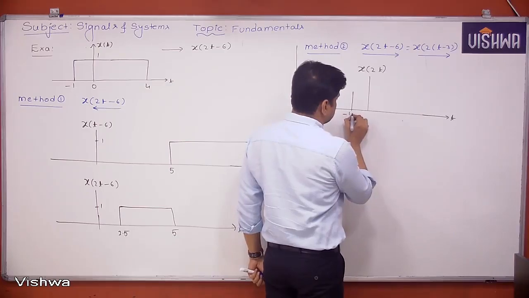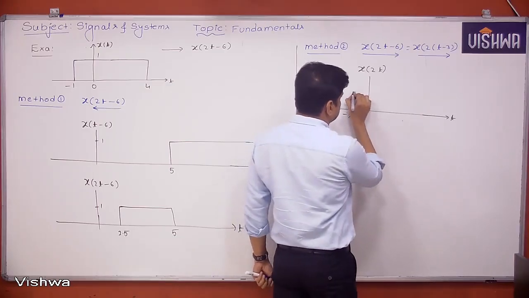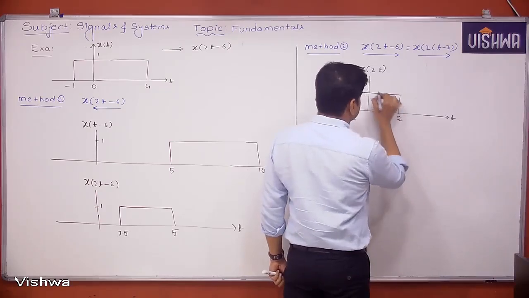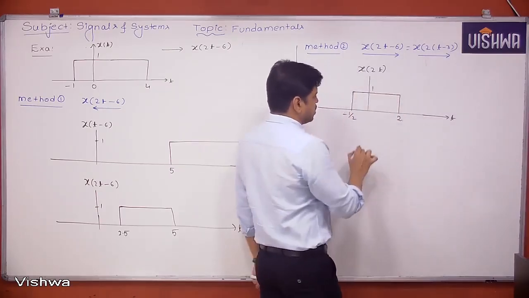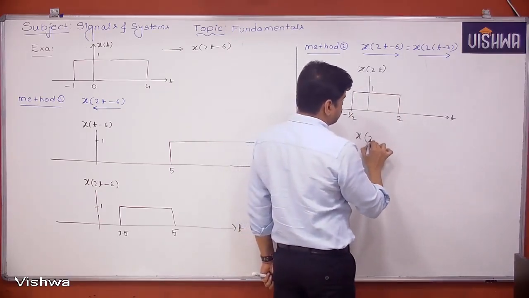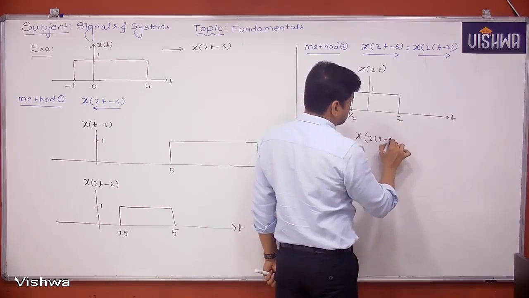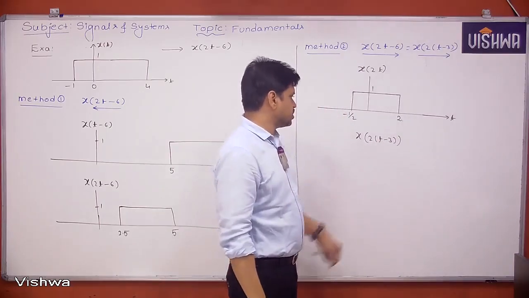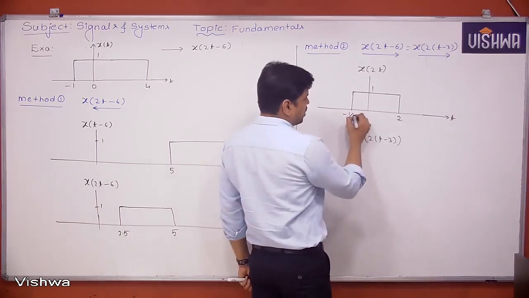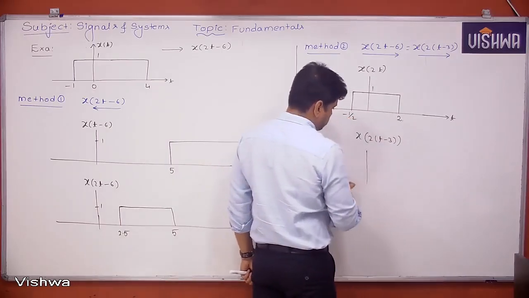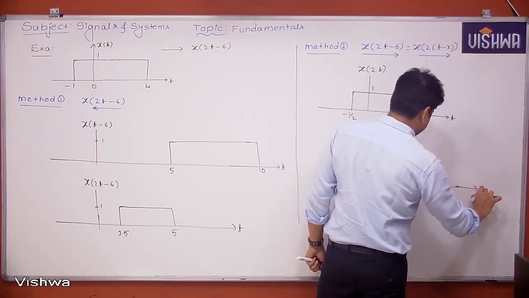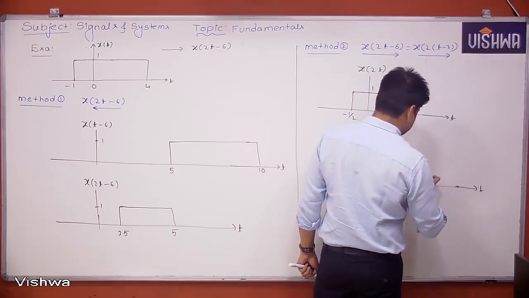Minus 1 by 2, and 4 by 2, which is 2. Then we have to calculate x of 2t minus 3. That means what is the shift we have to perform? Delay by 3 units. If I delay by 3 units, then it is going to be 2.5 to 5.